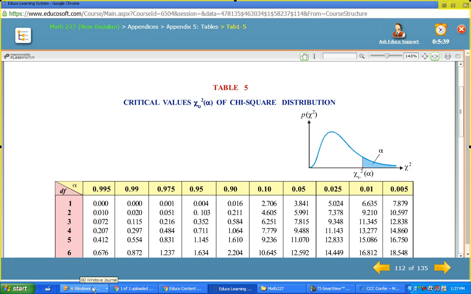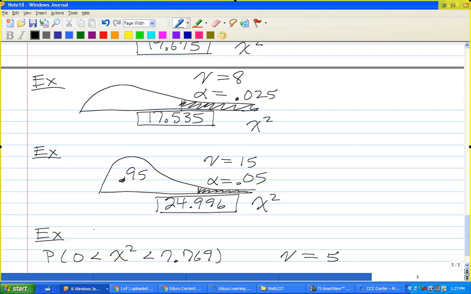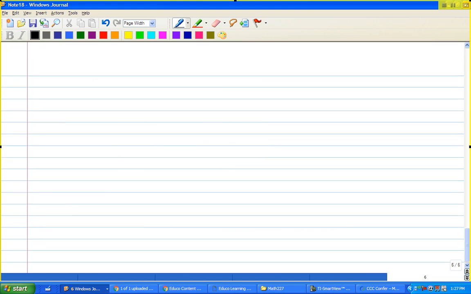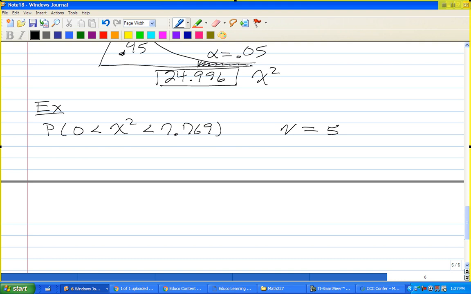Okay, so let's do this. Let's use the Wilson-Hefferty approximation.